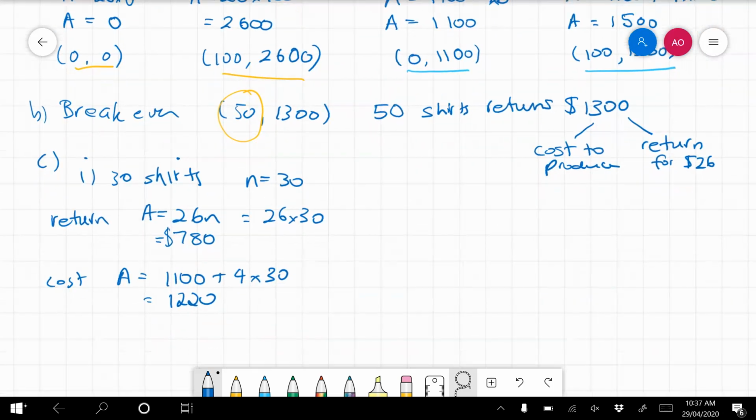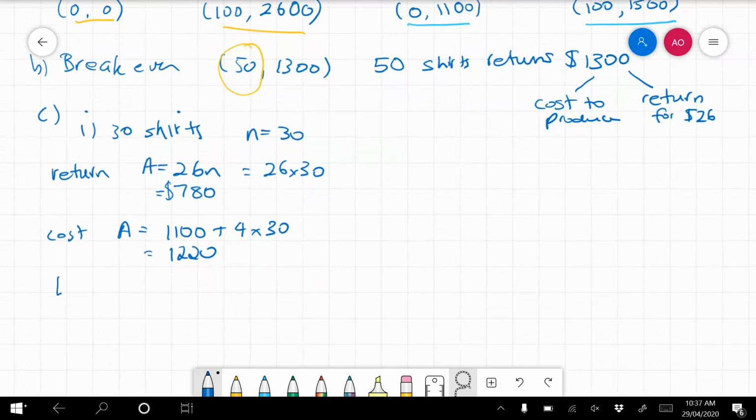Okay, so here the loss is going to be equal to 1,220 minus the 780. 1220 minus $780, and I lose $440.